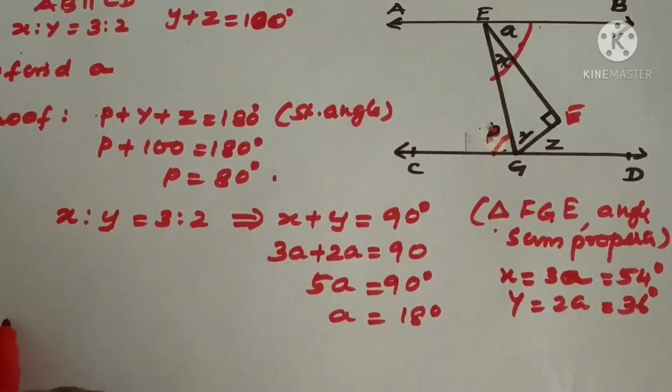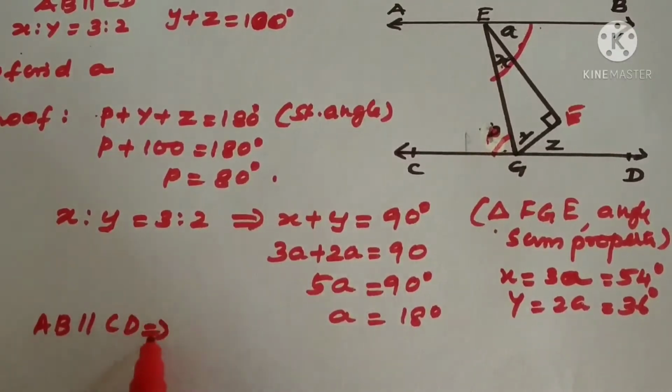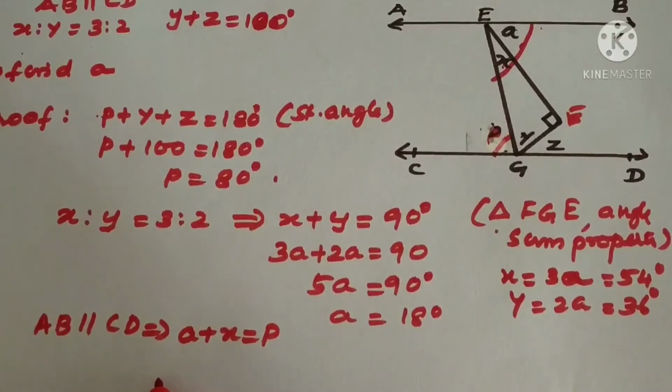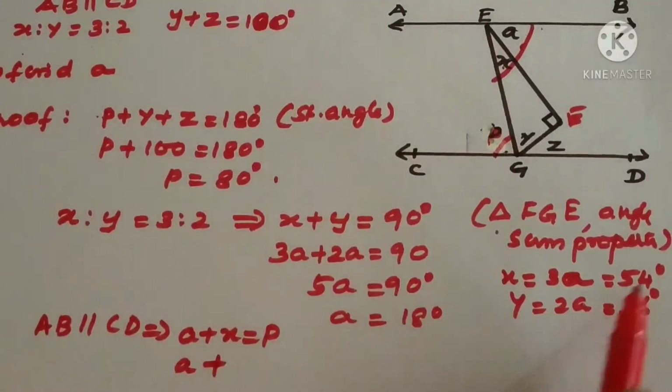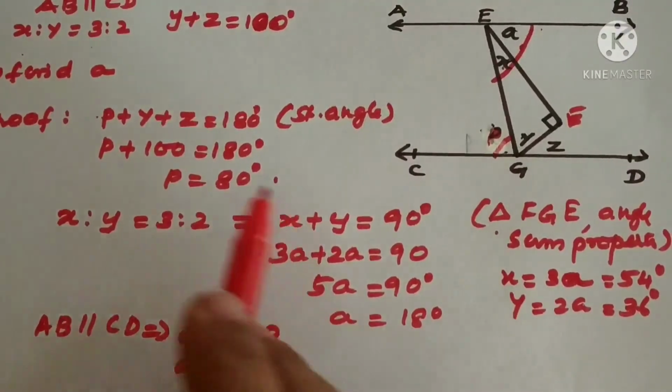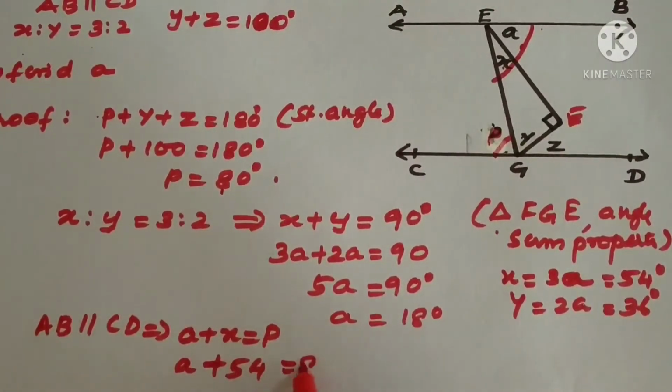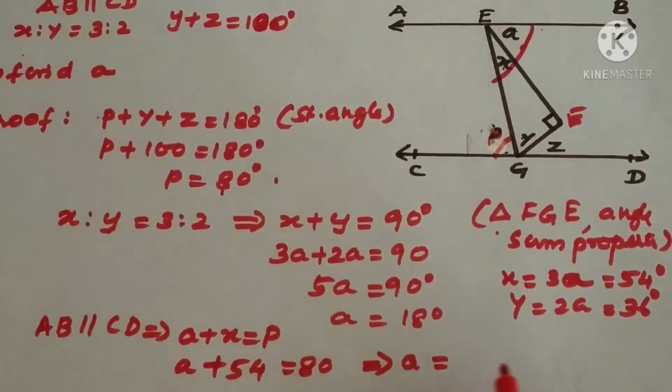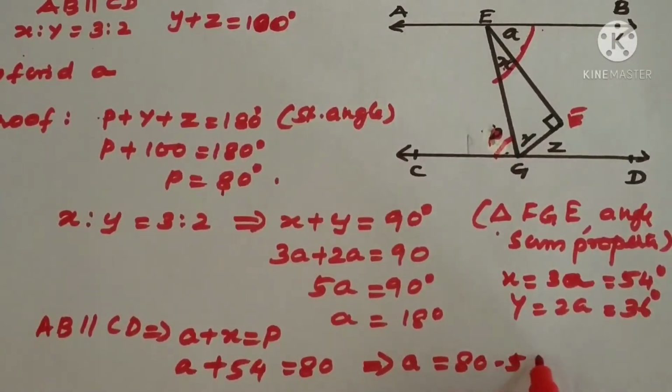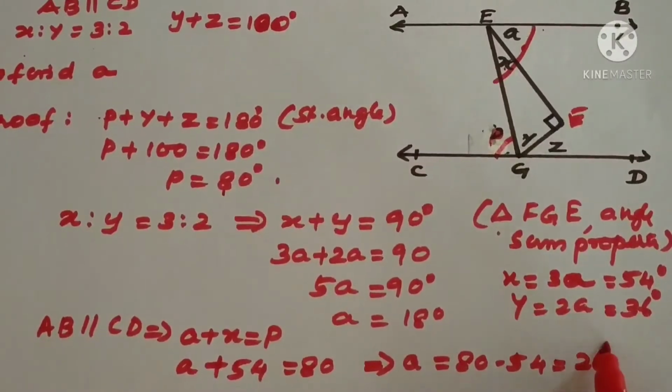AB parallel to CD implies A plus X equals P. X we have already calculated, it is 54, and P we got as 80. Implies A equals 80 minus 54, equal to 26 degrees.